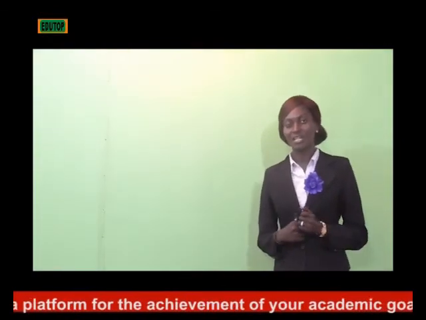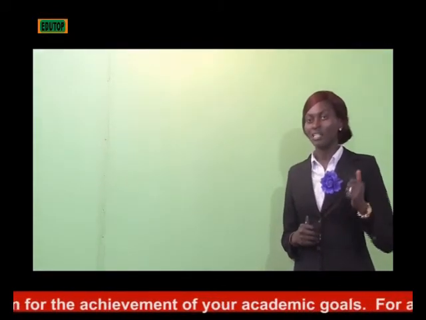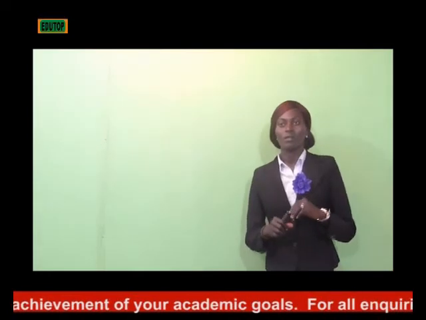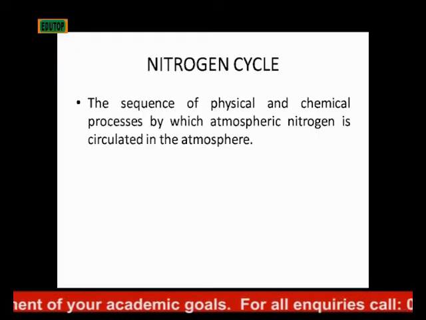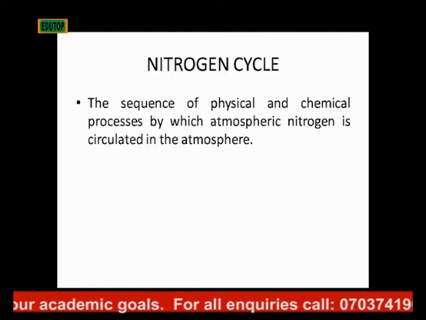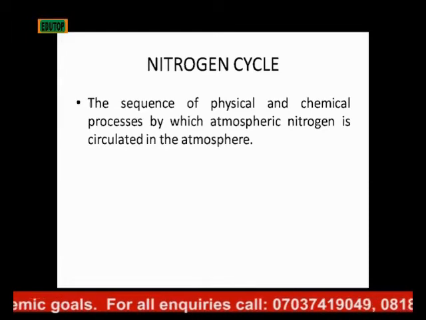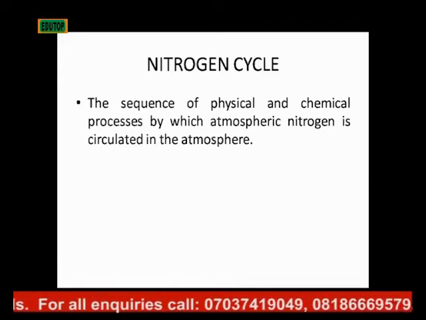And the first in that category is the nitrogen cycle. The nitrogen cycle is about the sequence of physical and chemical processes by which atmospheric nitrogen is circulated in the atmosphere. Simply put, the movement and the various transformations of nitrogen in the atmosphere is what is called the nitrogen cycle.